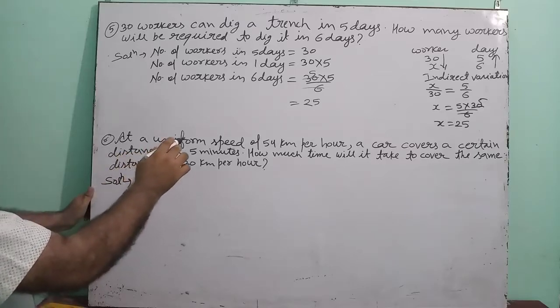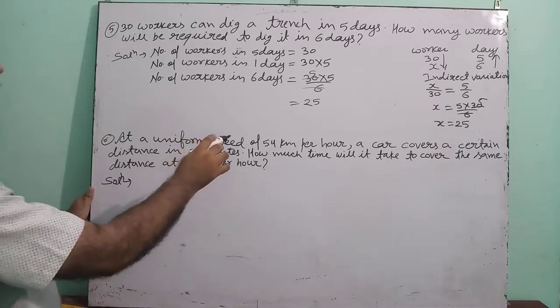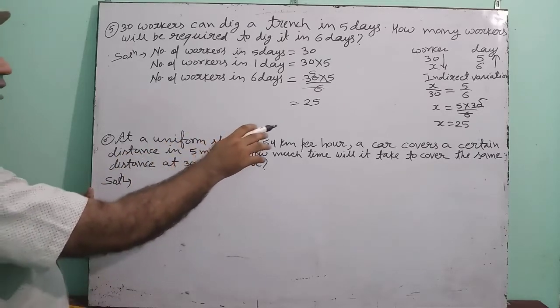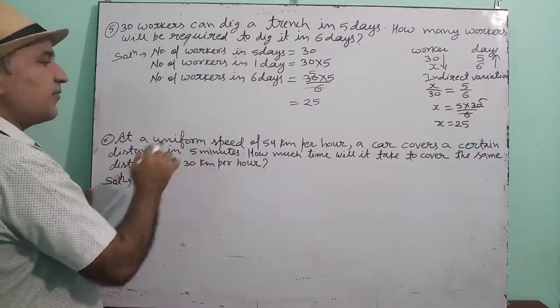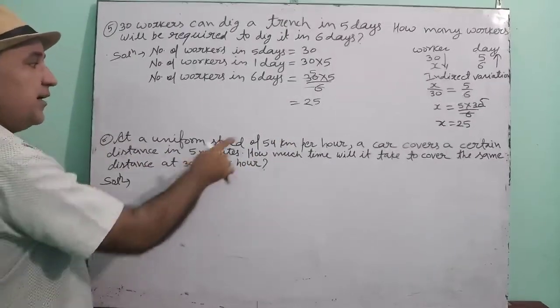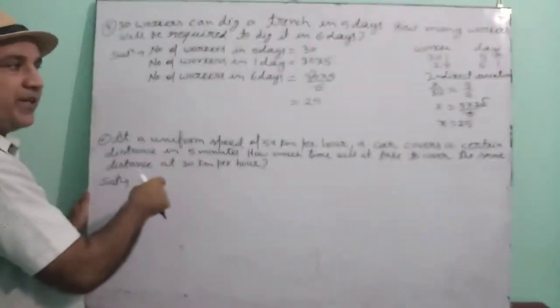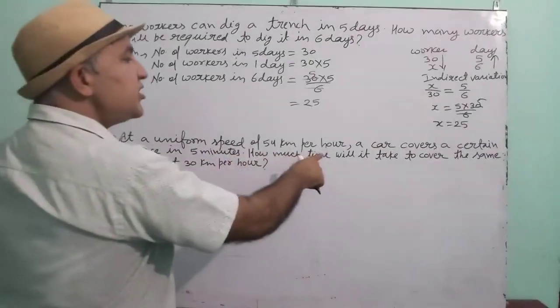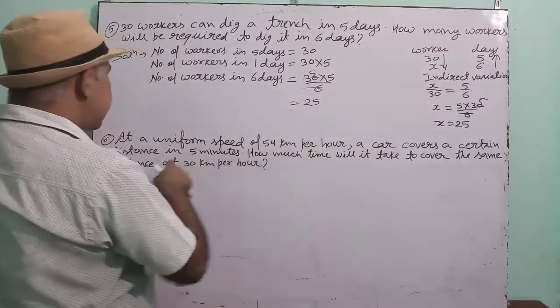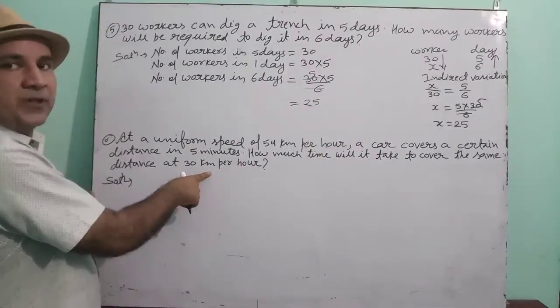At a uniform speed of 54 km per hour, a car covers a certain distance in 5 minutes. It means if speed is 54, then time taken is 5 minutes. Now, how much time will it take to cover the same distance at 30 km per hour?